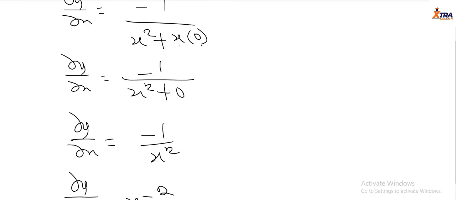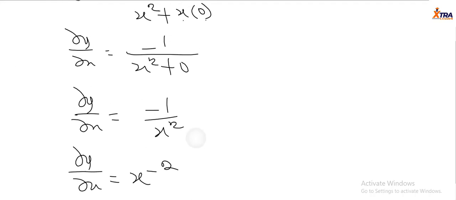Don't forget that there's a minus there. You can separate this as minus 1 times 1 over x squared. Minus 1 times 1 gives us 1, and with the minus we have minus.